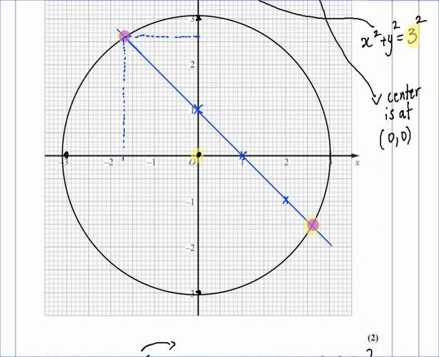It's supposed to be 2.6 on the y-axis. My bad. It's 2.6 because we're going up by 2.6. And the x coordinate is supposed to be 1.5, 1.6, 1.7. So minus 1.7.